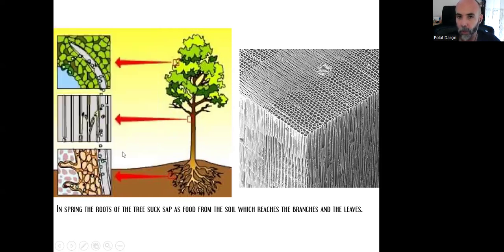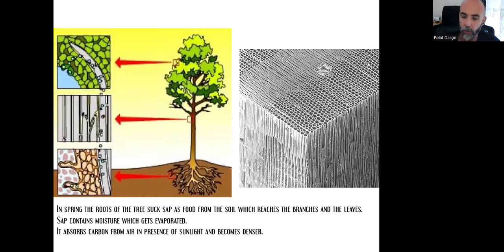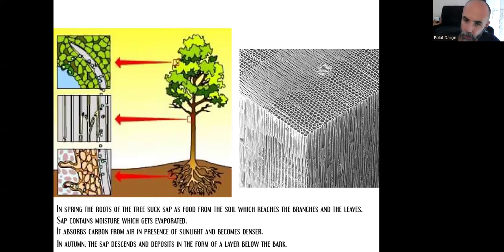And when they reach the leaves, as you know, the sap has this water moisture, and it gets evaporated, and leaves absorb carbon from air in presence of sunlight, and the sap becomes denser. It becomes denser, and in the autumn, the sap descends down, and it's deposited in the form of a layer below the bark. So that's how a tree grows.